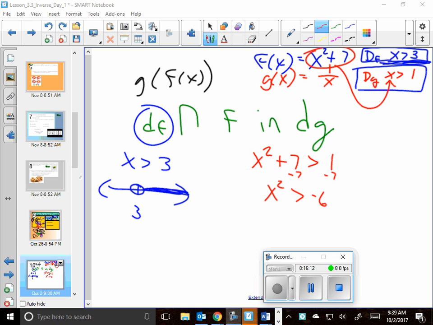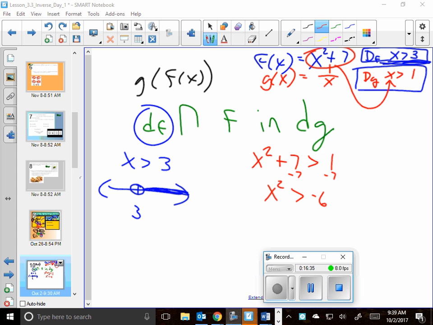So like take 5 and square it. Is that bigger than a negative? Yeah. Okay, so it's not a question of it's never true. Is it a question of it's always true? Okay, so then if that's always going to be true, no matter what you put in, then what's the domain for something that's always true?